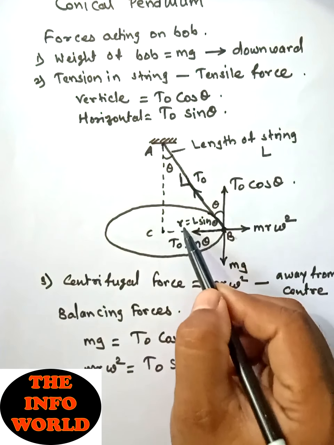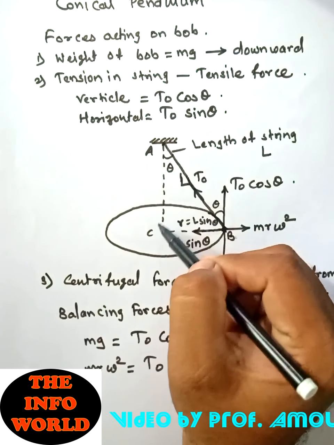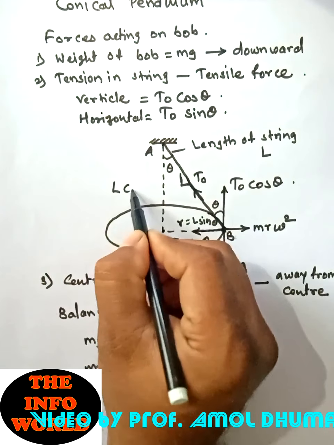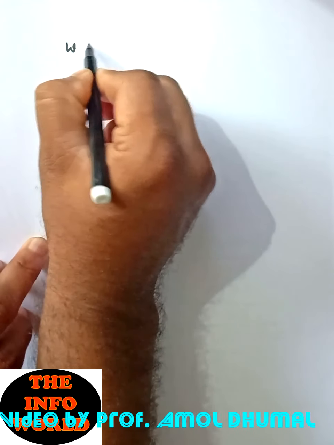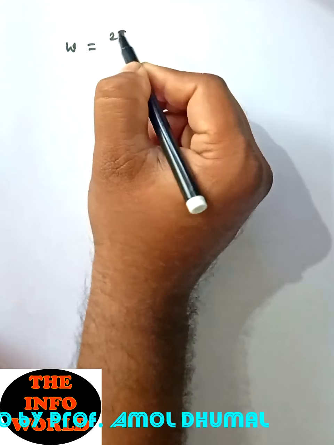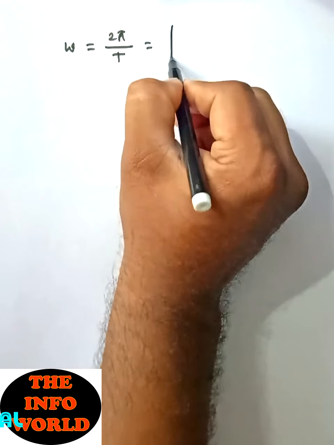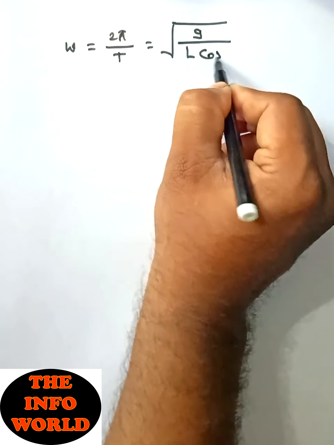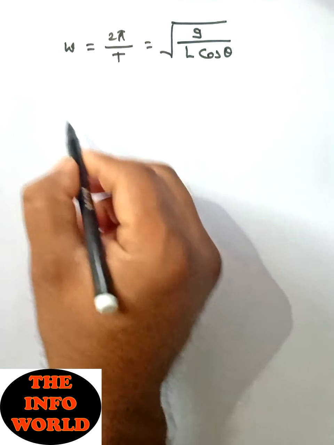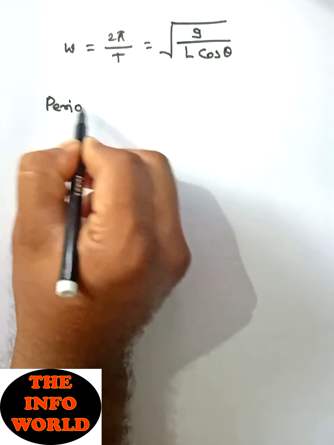So r is equal to L sin theta and this vertical distance AC is L cos theta. We get the equation omega is equal to 2 pi by T is equal to under root g upon L cos theta.